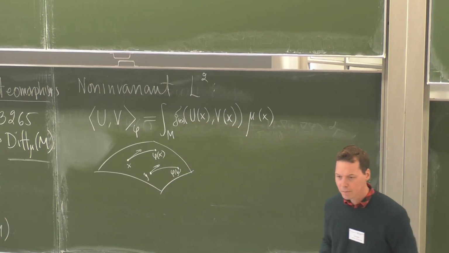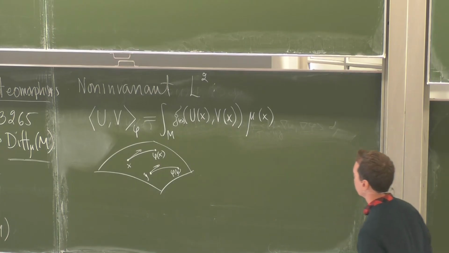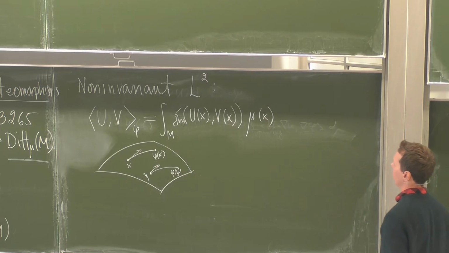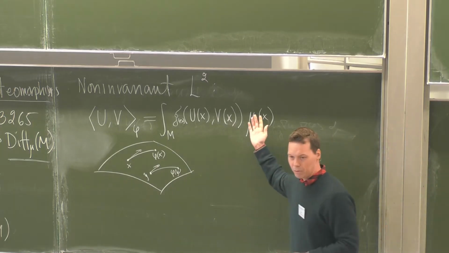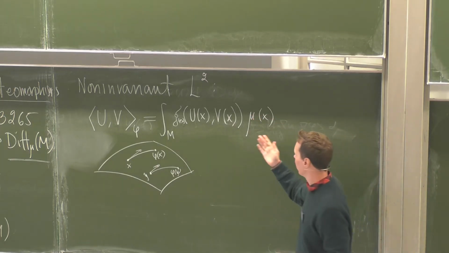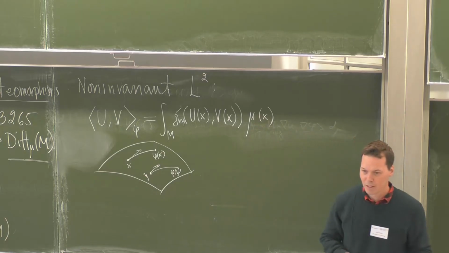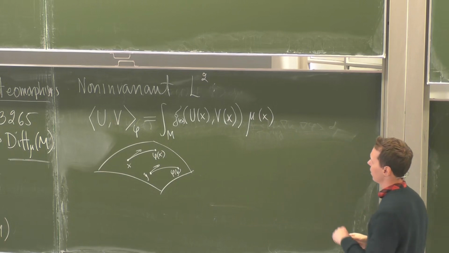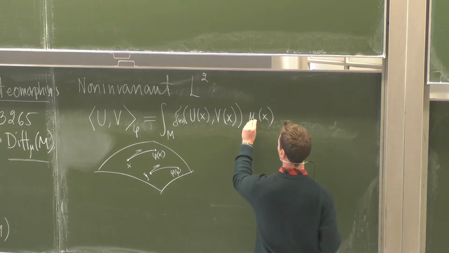Yes, that's what we want here. So we have a Riemannian structure, sorry, I didn't say, let's call it mu.